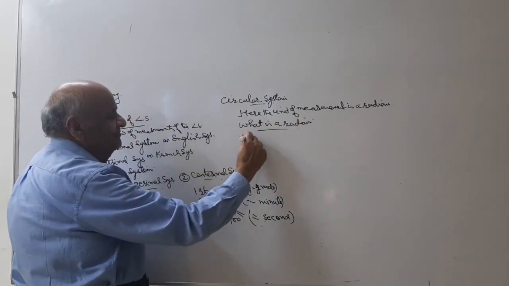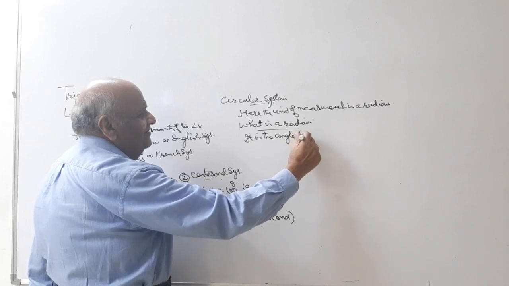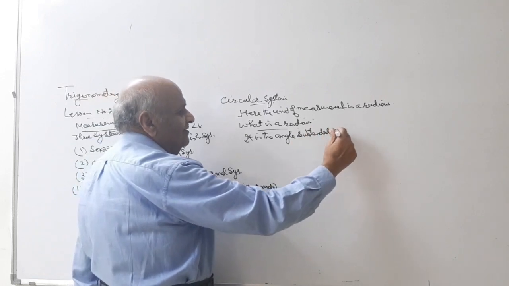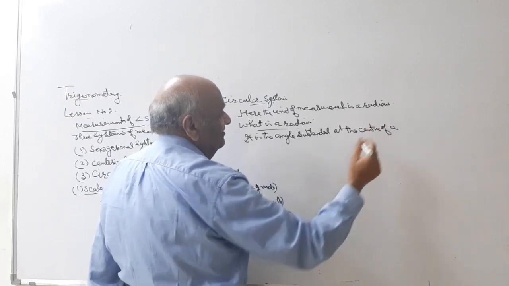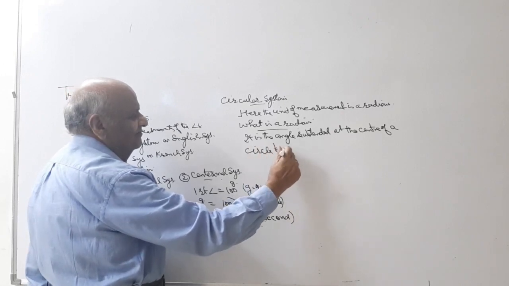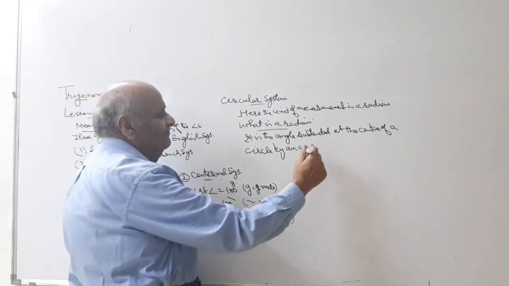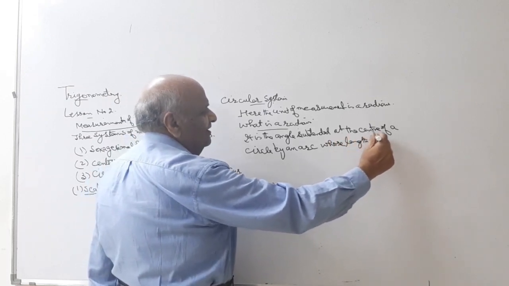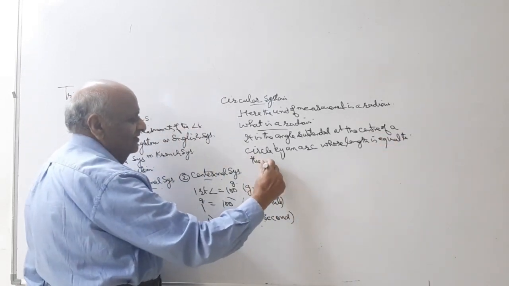It is the angle subtended at the center of a circle by an arc whose length is equal to the radius of the circle.